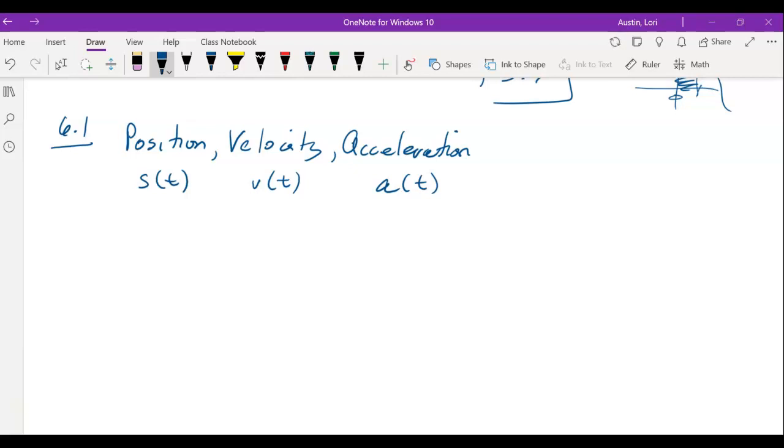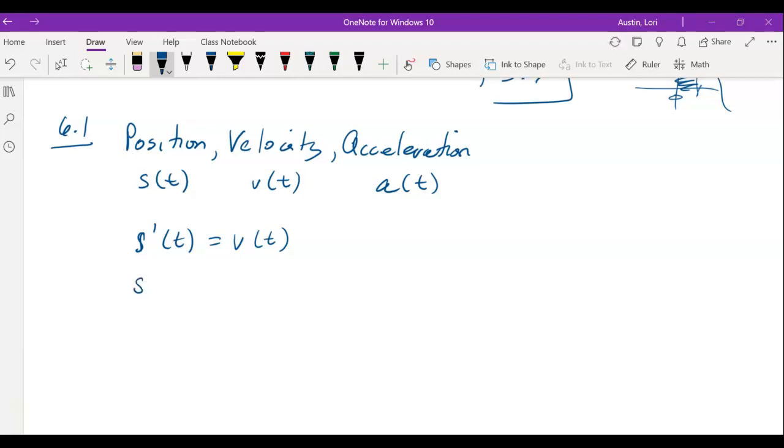Back in chapter 3, when we did derivatives, we said s prime of t, the derivative of the position function, gives you what? Velocity.